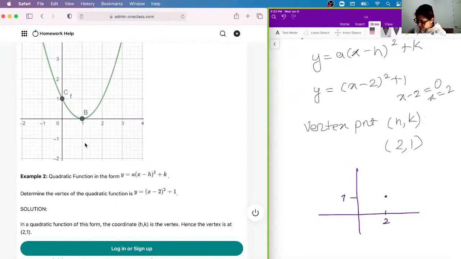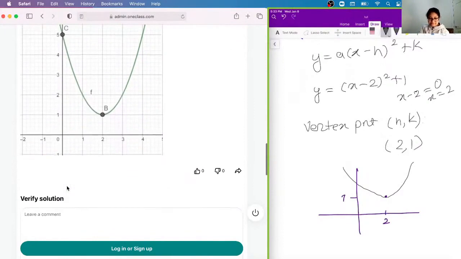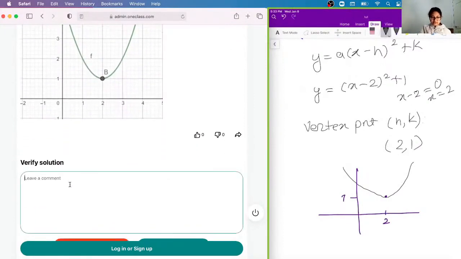And so you would draw it like that. So this is what it looks like. So the solution is presented.